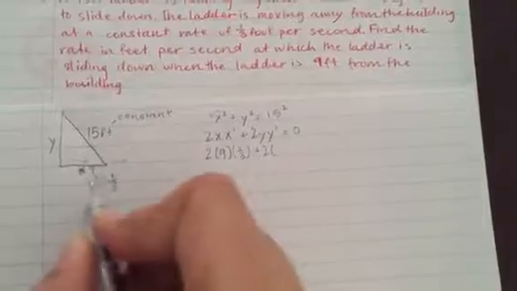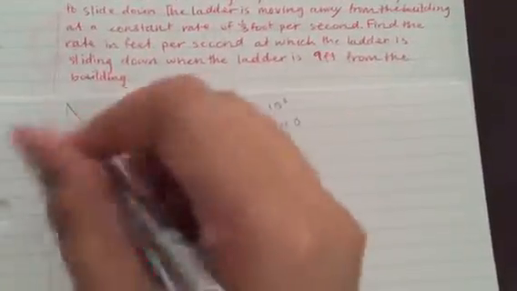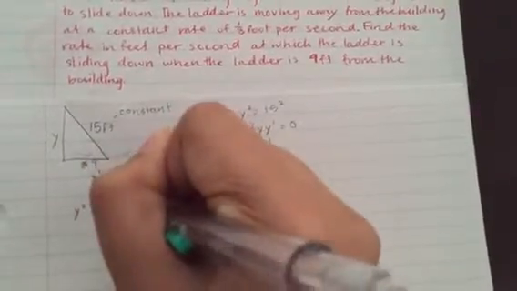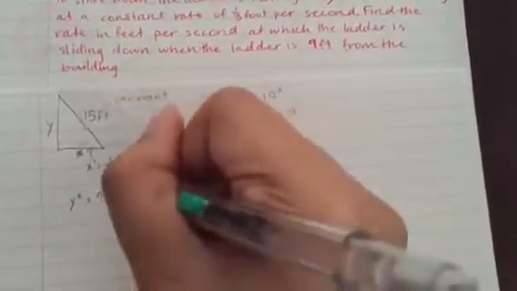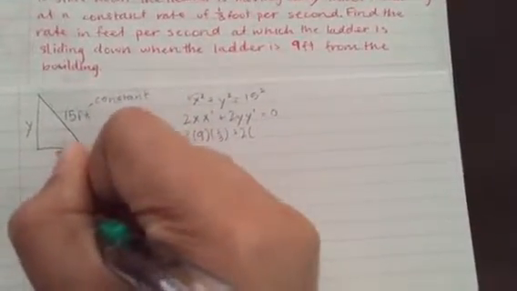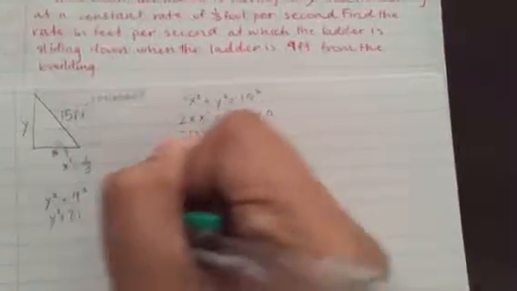Now that we know x is 9, we can use the Pythagorean theorem to find y. So y squared plus 9 squared equals 15 squared. Then we have 81 plus y squared equals 225.